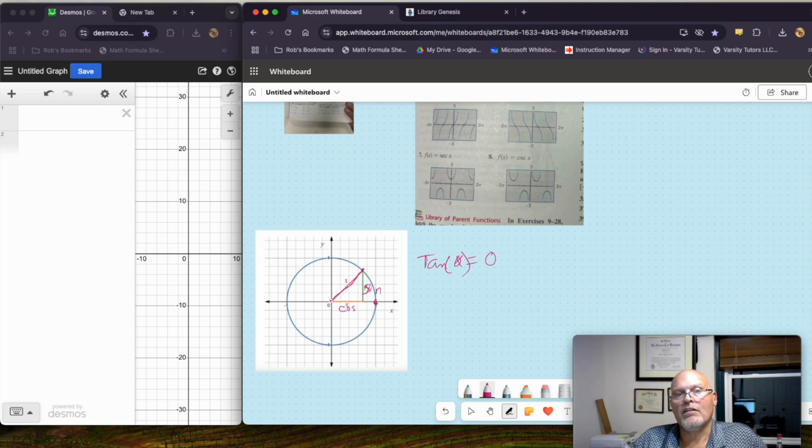The tangent of 45 degrees, or pi over 4, where sine and cosine are both square root of 2 over 2, is 1.